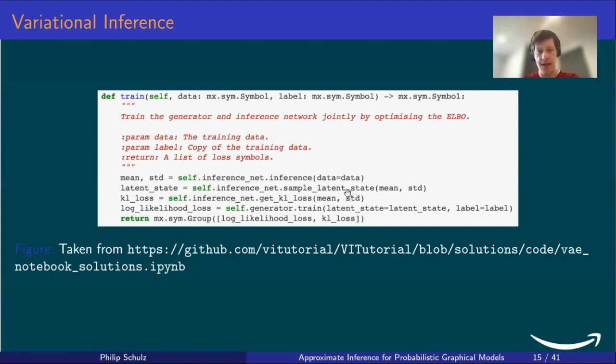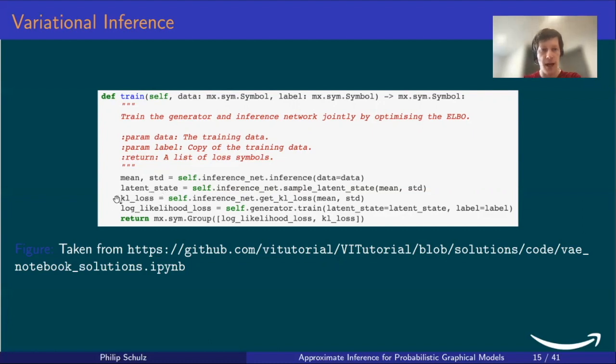We're also going to have some sampling method that takes the mean and standard deviation as input and gives us a latent state. That is where we generate from a standard normal distribution, apply our transformation, and then we get our latent state, which corresponds to Z in the graph. So the latent state is the same as Z.